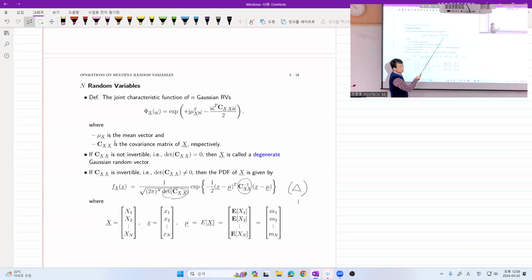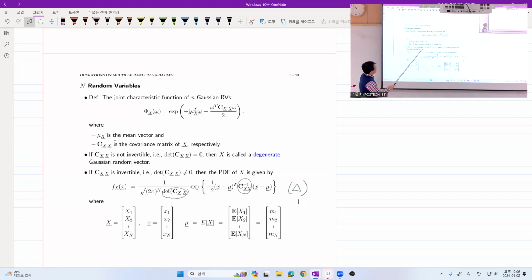Here you have the covariance matrix, not the inverse of the covariance matrix or the determinant of the covariance matrix in the denominator. You don't have something like that. So this is a better definition of joint Gaussianity. And I really love this because we can also use this in our central limit theorem for a random vector. Got it? And we show that the characteristic function converges to this form.